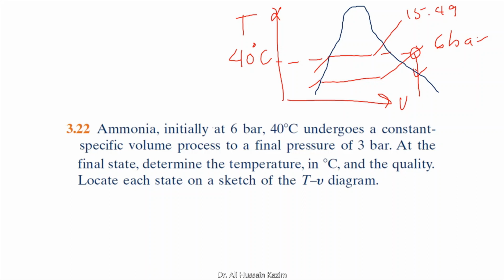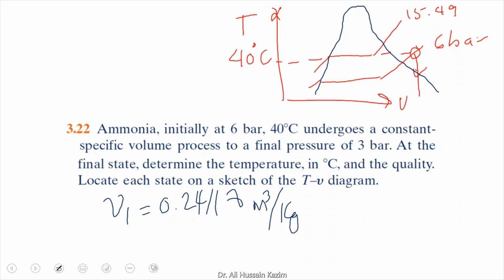The specific volume V1 is 0.24118 meter cube per kg, and it is a constant specific volume process, so V2 equals V1.